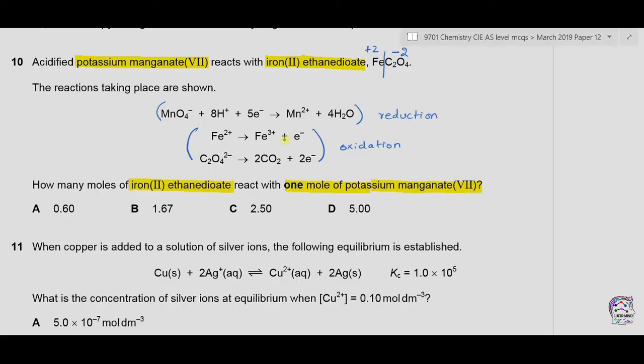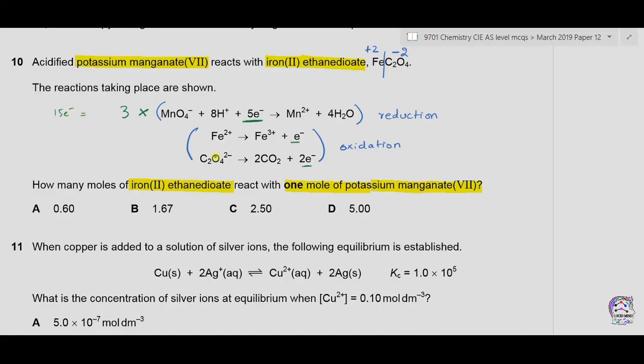So in order to balance this chemical equation, the number of electrons lost must be equal to the number of electrons gained. In reduction 5 electrons are involved, while in oxidation 1 + 2, so total 3 electrons are involved. So in order to balance 3 and 5, we can multiply the first equation with 3, so it becomes 15 electrons.